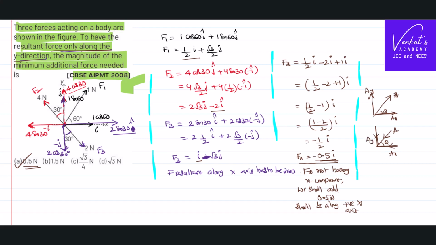Once we have that understanding, and also understand that the positive x-axis is represented with i cap, negative x-axis with minus i cap, positive y-axis with plus j cap, negative y-axis with minus j cap, we can simply solve any of these kinds of problems. That's it. Thank you for watching.